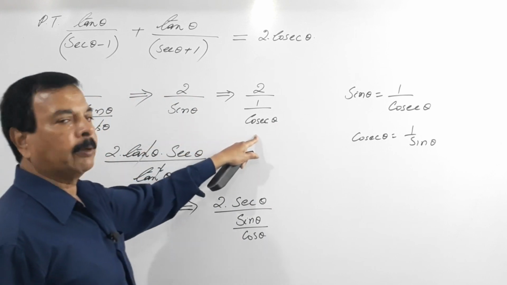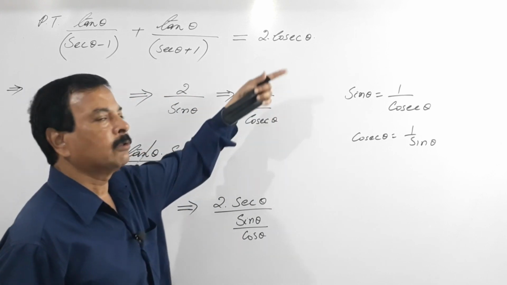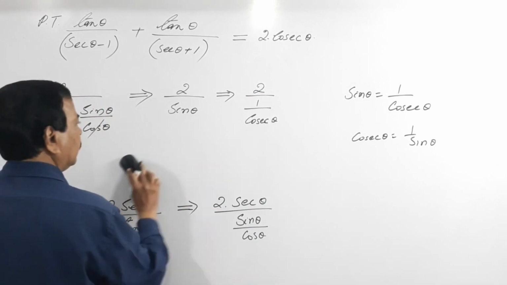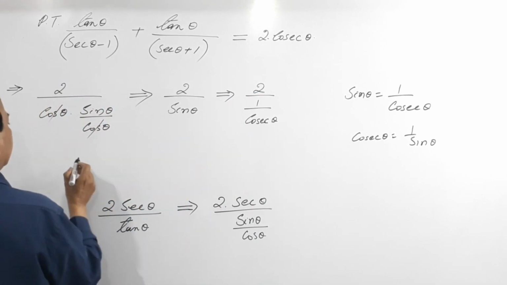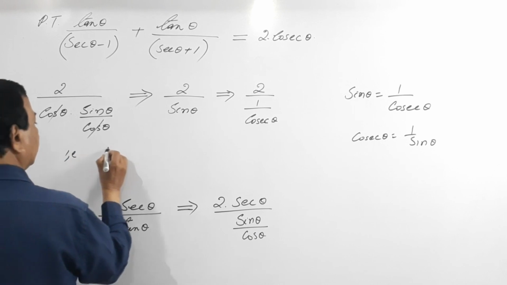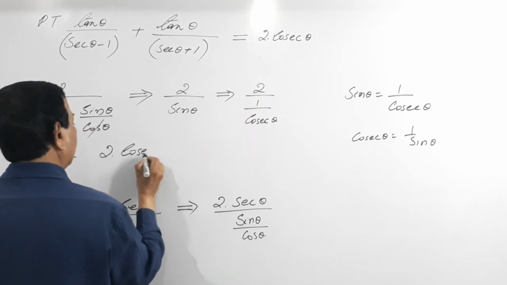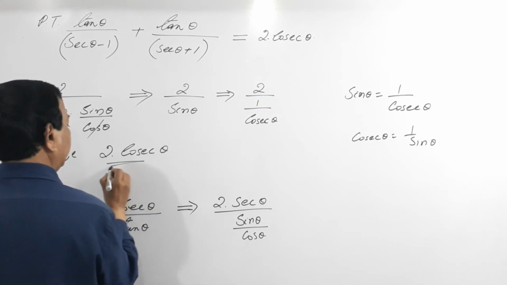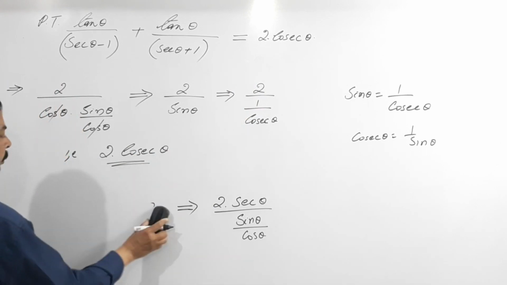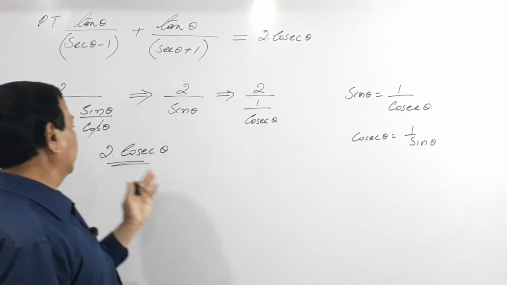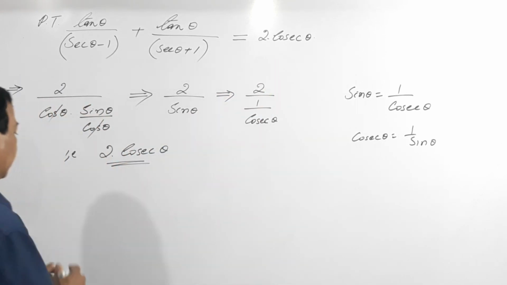So sin becomes 1 by cosecant, and now the cosecant goes to the numerator. That is 2 into cosecant theta. What does he want? He wants 2 into cosecant theta. So you got 2 into cosecant theta.